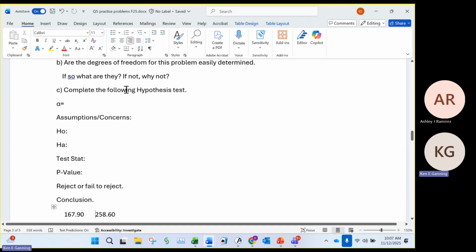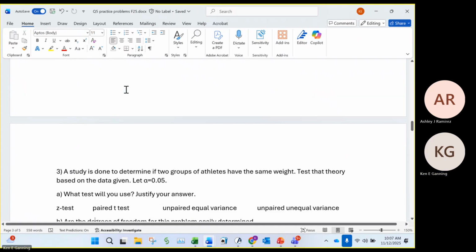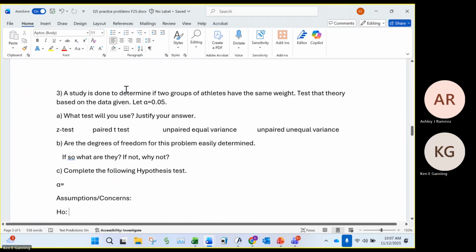So am I using a z-test? Paired? No, because there's no connection between one group of athletes and the other. Unpaired equal variance? We don't know. We need an F-test.